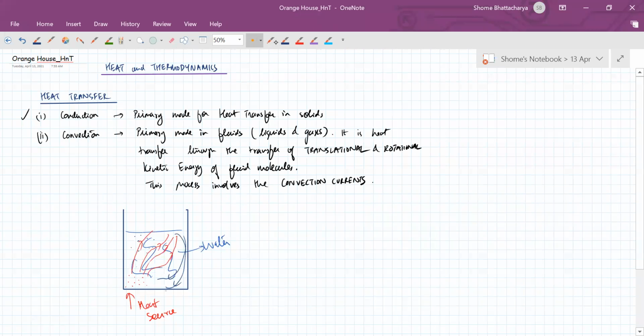Okay. Now convection currents are highly disordered.